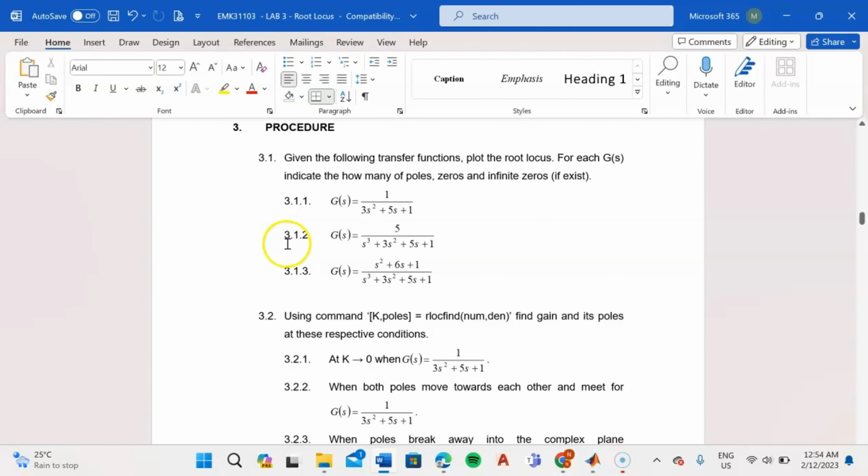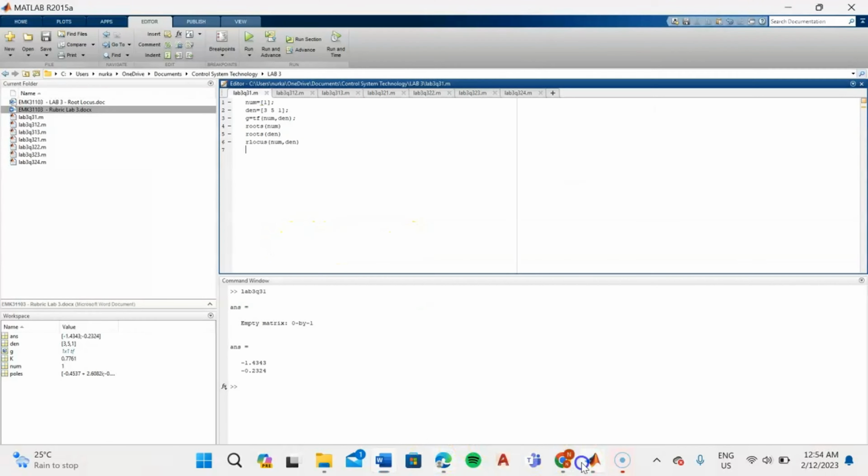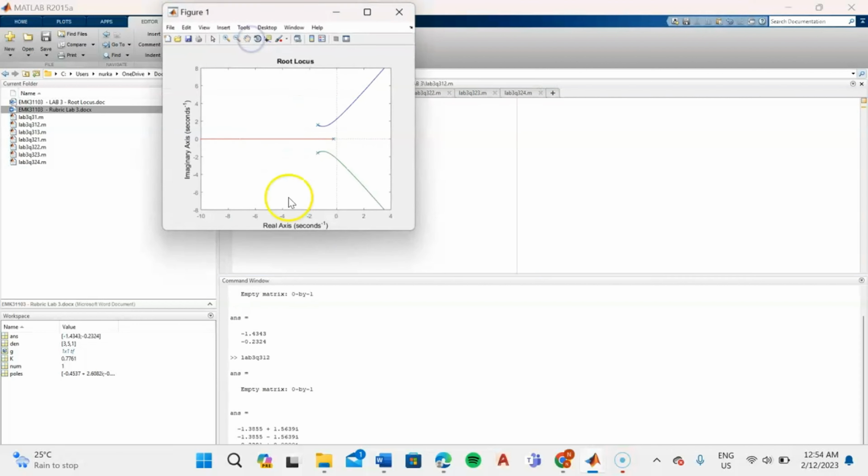For questions 3.1.2, numerator 5, denominator 1351. Run, and okay.